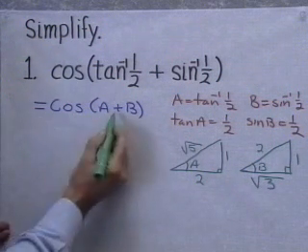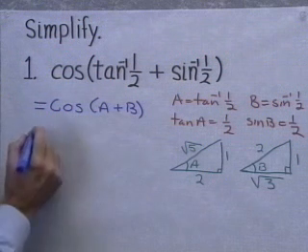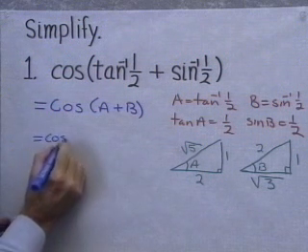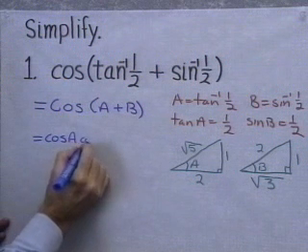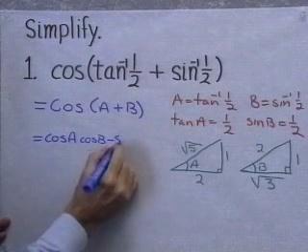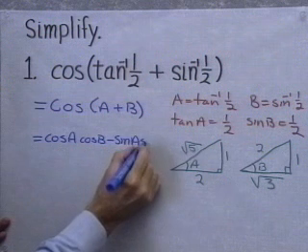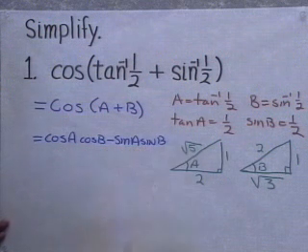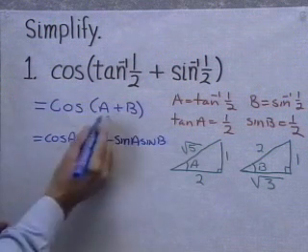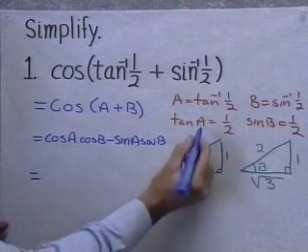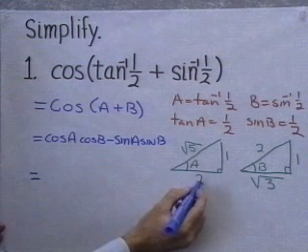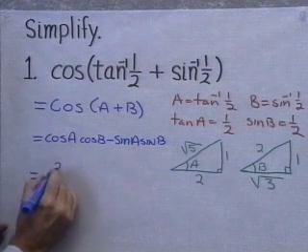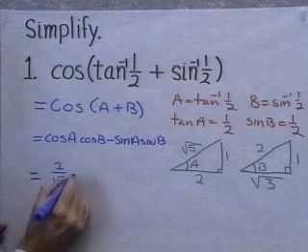So now I can go back to my original formula here and expand using my cosine A plus B formula. Cosine A, cosine B, minus sine A, sine B. Now I'll go over to what I've written down with my triangles. Cosine of angle A, adjacent side over the hypotenuse, 2 over square root 5.